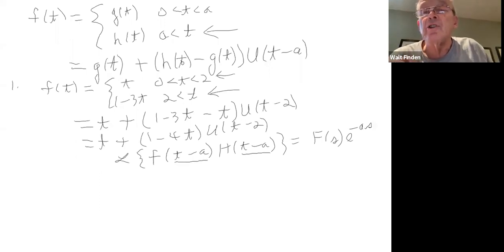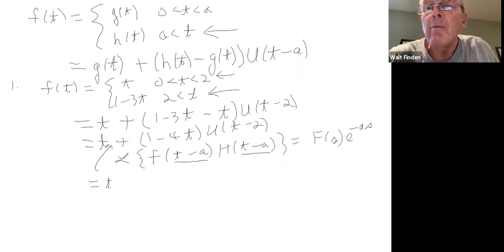And so I need to change the expression here, and that is, of course, t there, but I have plus, and I have minus 4 times t minus 2.